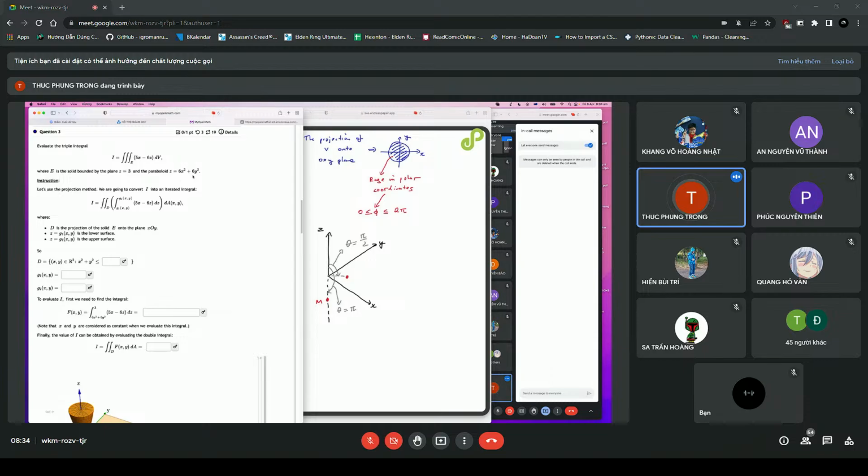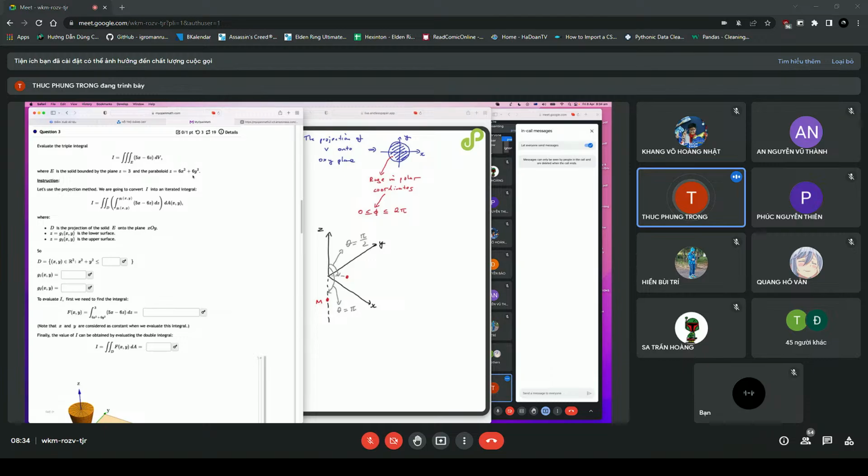What do we have for D in my question? So we need to find the projection, right? Let me try to give you the answer to this question. What we have in this question is a paraboloid and then a plane.